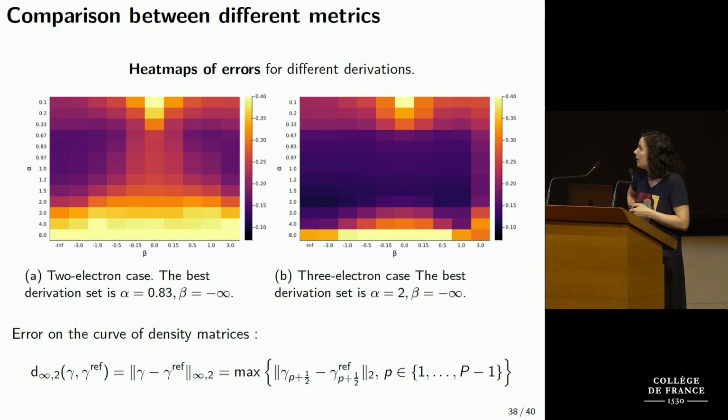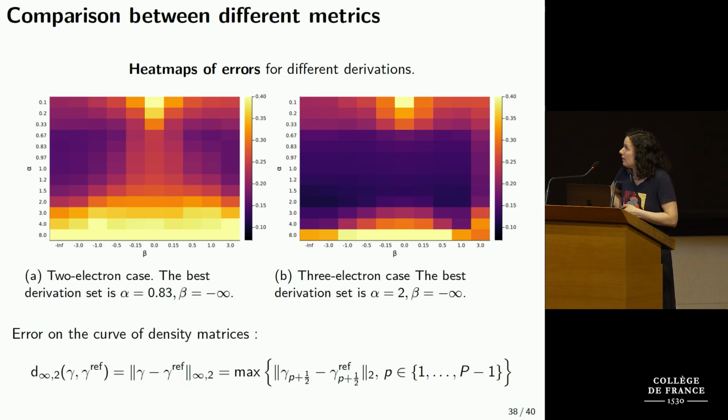So these are really preliminary tests, so we don't really have a good understanding of why a specific distance would work or not. But what we see is that this is the heat map for the 3-electron case that I showed. So we have a lowest error, which is somewhere here.